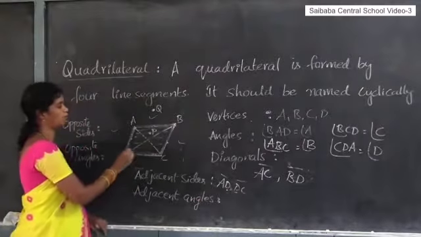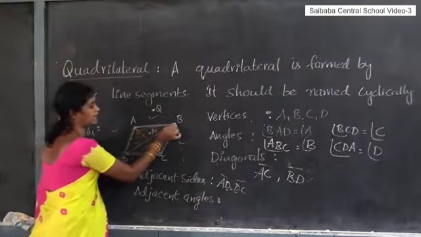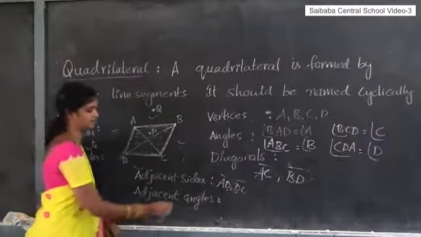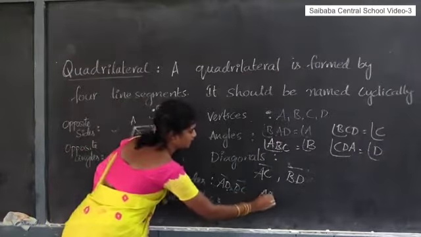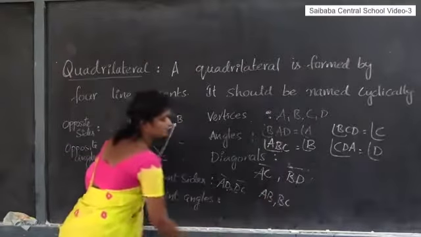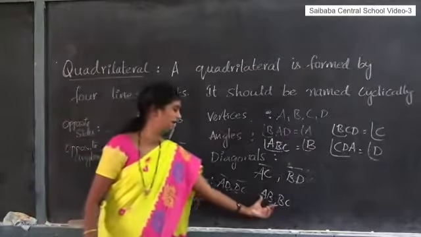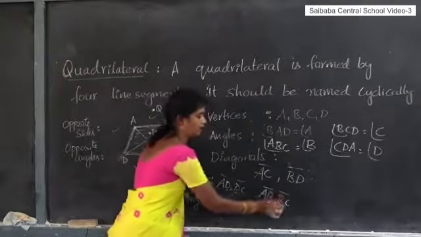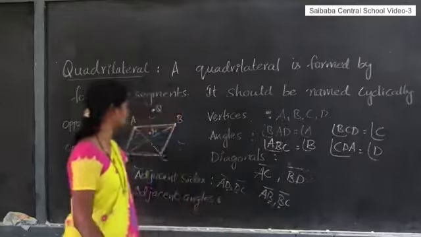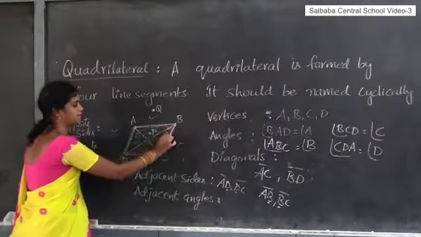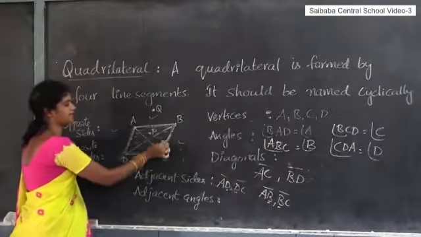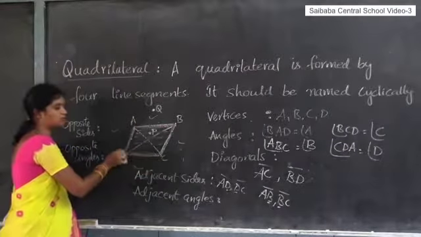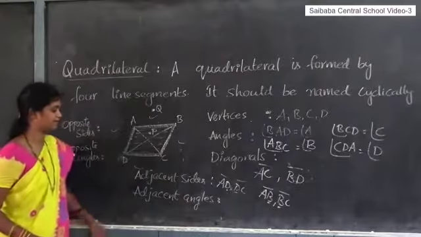Like that, one more set: if you take AB, BC, these two are adjacent sides. These two sides have the common point B. So if you take BC, AD is one adjacent side, CD is also one more adjacent side.